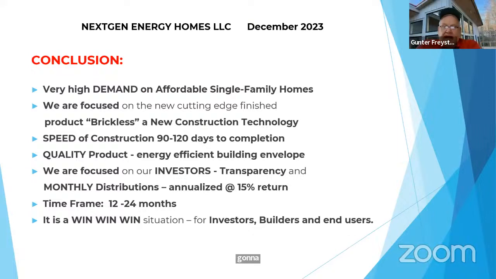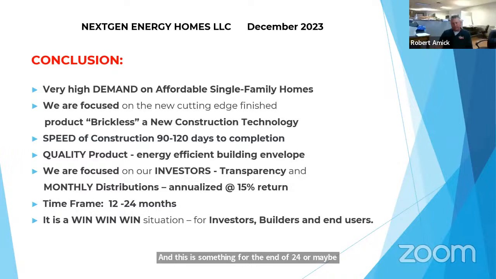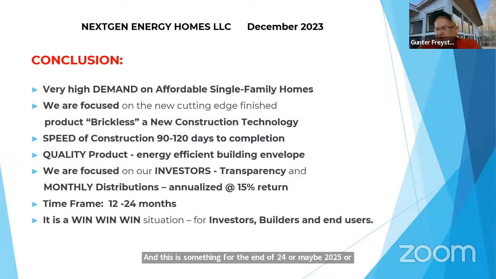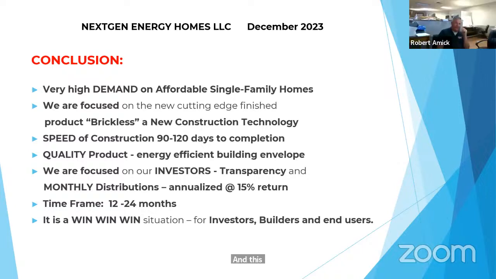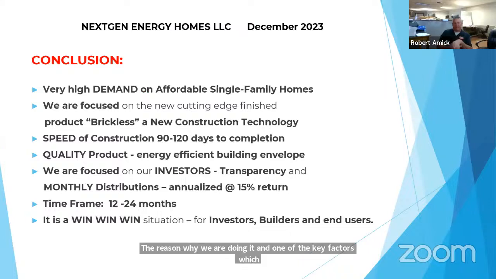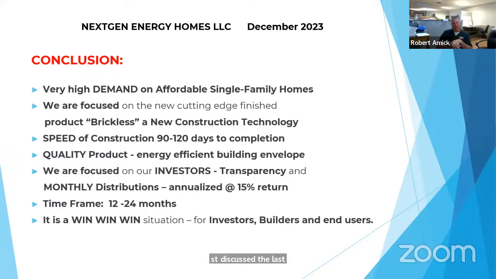And this is our last slide where Robert's going to tell you the reason why we are doing it and what are the key factors we just discussed the last 25 minutes. And basically, in conclusion, what we're building is in very high demand. Also, being on the real estate side, we have a high shortage of inventory in this price range.